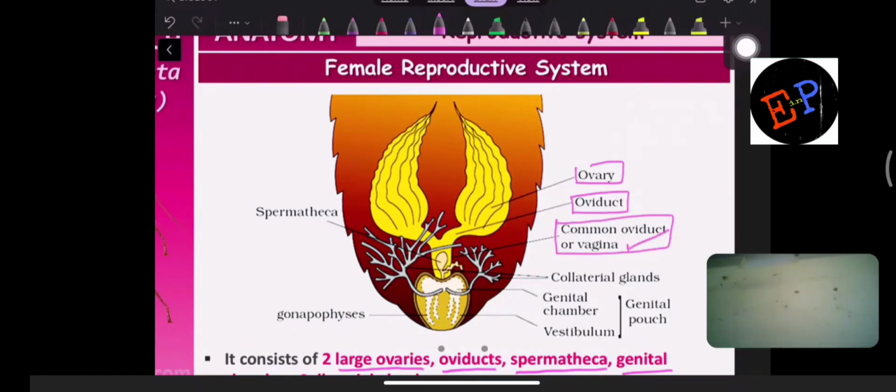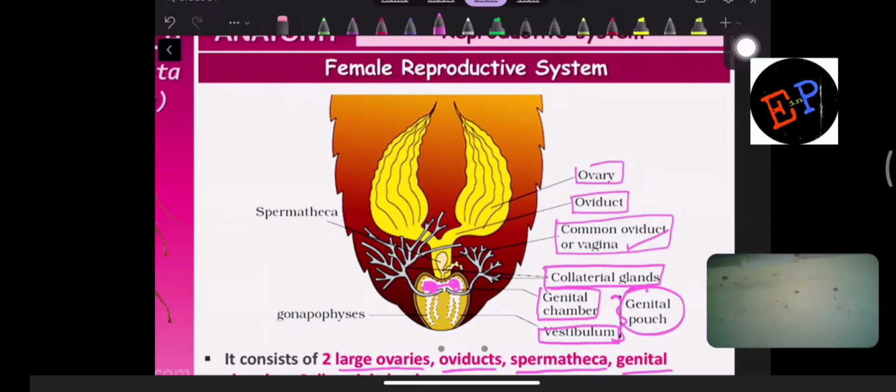Then we have collateral glands, which are responsible for secretions. Then this region we can call the genital chamber. Then the vestibulum is the next structure, and both of them are called the genital pouch. So these are the different structures present in the female reproductive system of the cockroach.